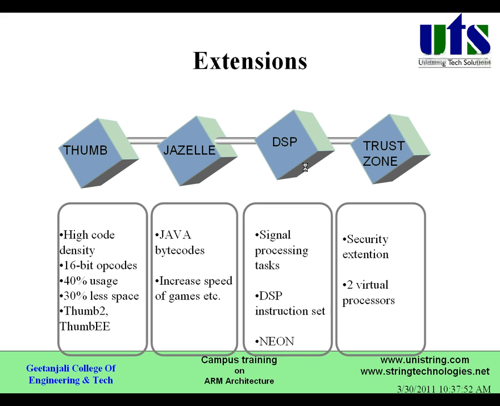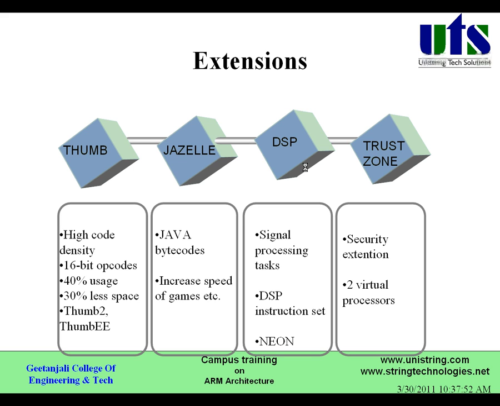The first one is Thumb, and I will explain it. The second one is Jazelle, the third one is DSP, and the fourth one is TrustZone. In the case of Thumb, as I said, every instruction is of 32-bit size. So whenever we are executing a 4-bit addition or 4-bit subtraction, the remaining 28 bits should also be executed.